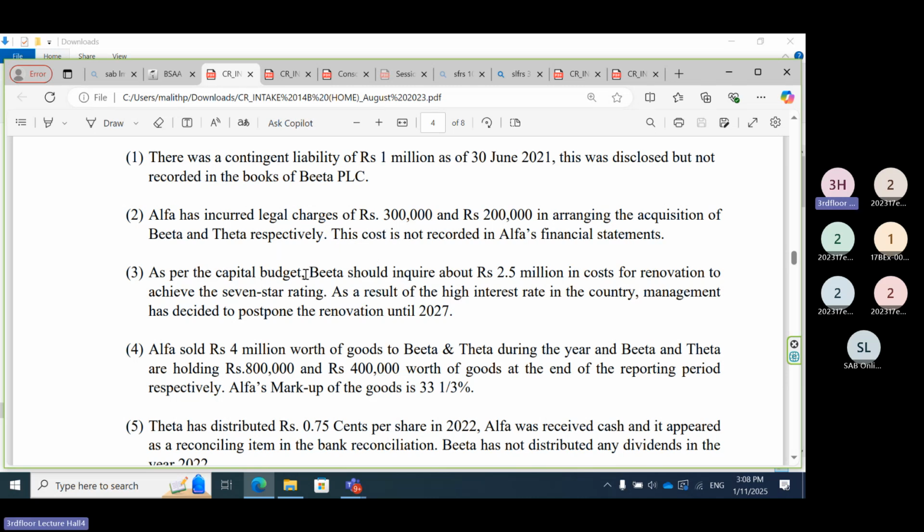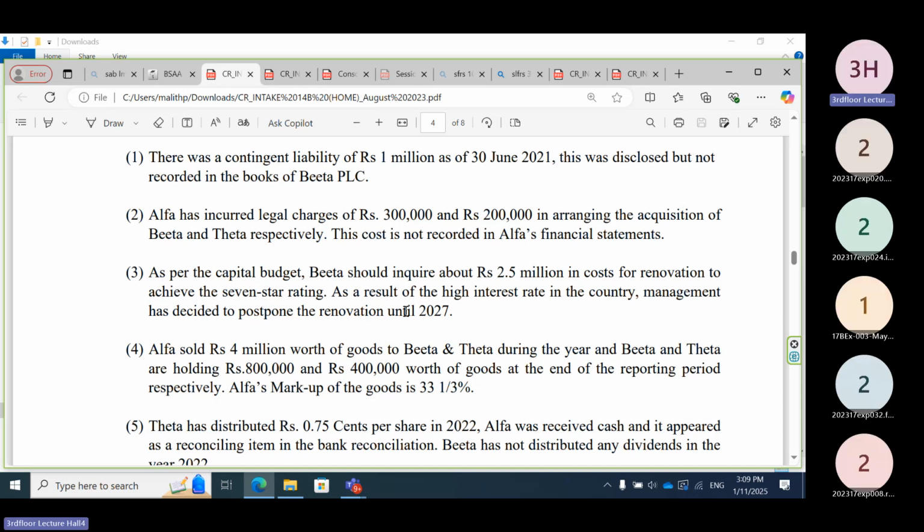As per the capital budget, Beta should incur about 2.5 million in cost for renovation to achieve the 7-star rating. As a result of the high interest rate in the country, management has decided to postpone the renovation until 2027. So then it indicates the doubt of getting the 7-star rating.